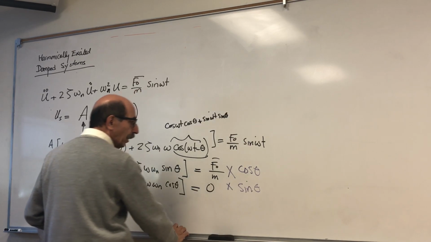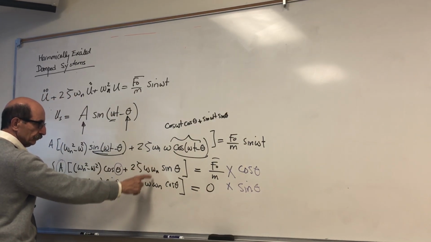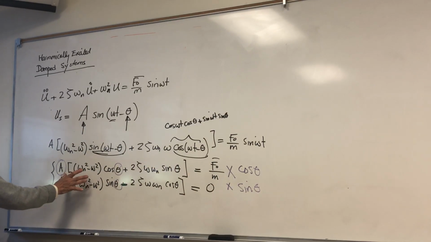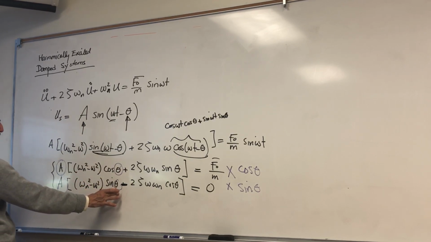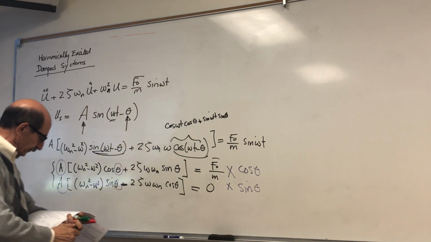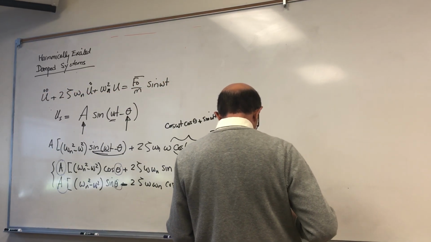If you add them up, these two will cancel out. These two become identical terms, and cancel out. Here you have omega n squared minus omega squared times cosine squared theta, same times sine squared theta. You add these up, you have cosine squared plus sine squared, which is 1. So you simplify that, and you basically end up with something like this.